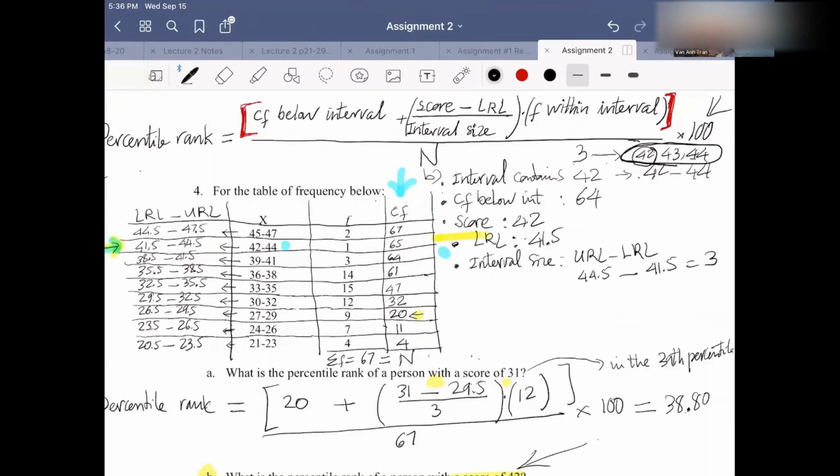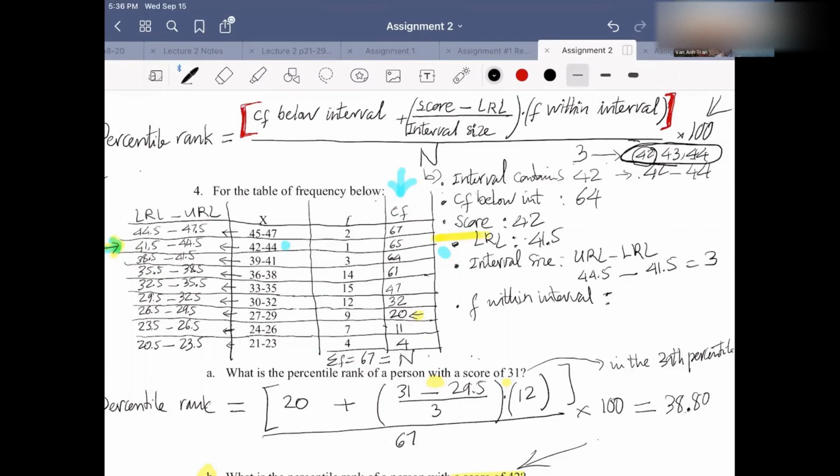And we need to find the frequency within the interval. What is the frequency within the interval here, everyone? Within the interval of 42 to 44? What is it? I got Montserrat, Angela, Uriel, Gabriela.